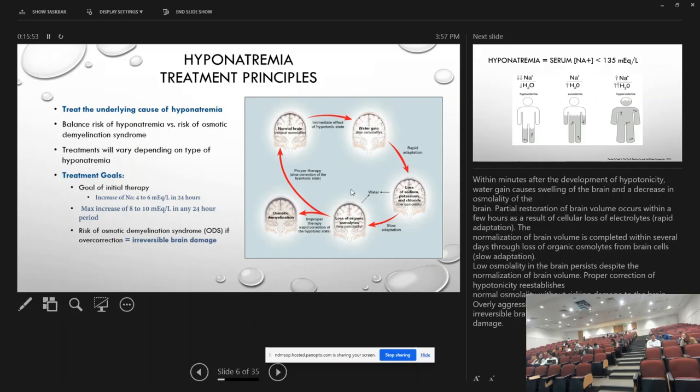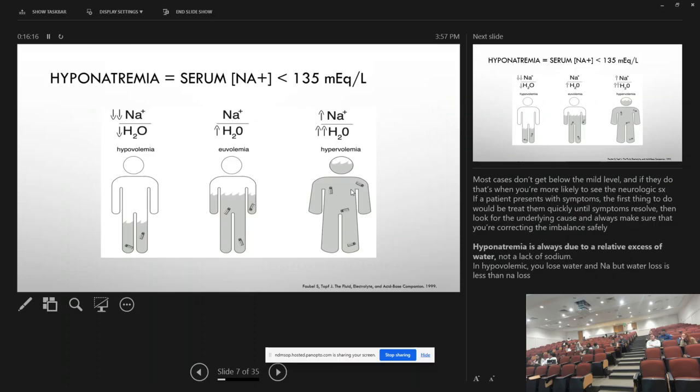So generally your goal is 4 to 6. And you're going to do it, and we'll get there, based on symptoms. So you're going to monitor the patient and treat to the resolution of symptoms or until you hit this threshold here. So remember those goals.